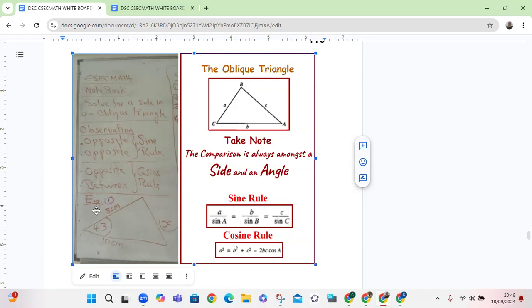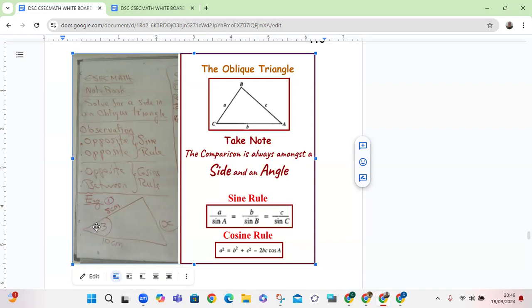Now here you have example number 1. We've got to observe this triangle. First, we notice that it's an oblique triangle because there is no 90 degrees. It resembles this triangle whereby each angle is not 90 degrees. So it's oblique, so you take note of that. Then you start to talk about the side that you are required to find, labeled X here. So X now is away from 43.